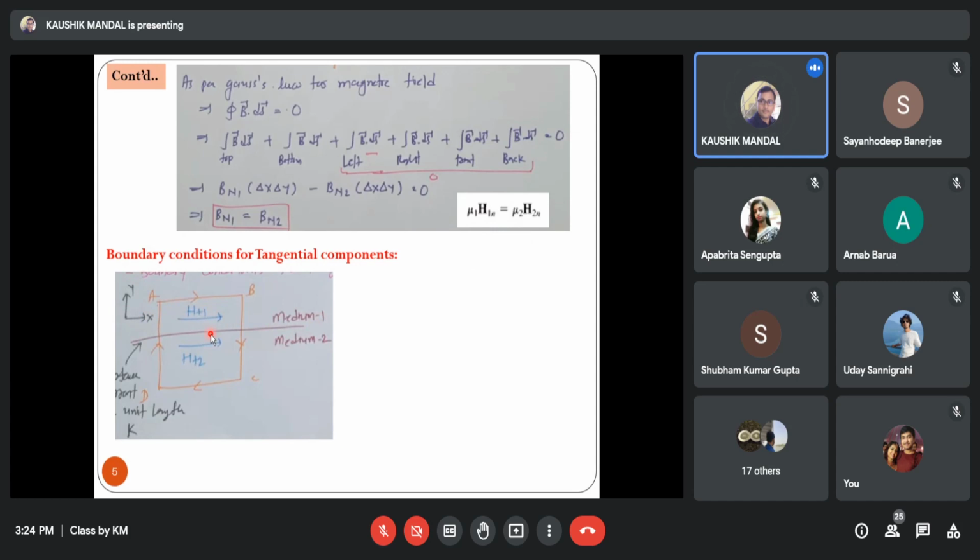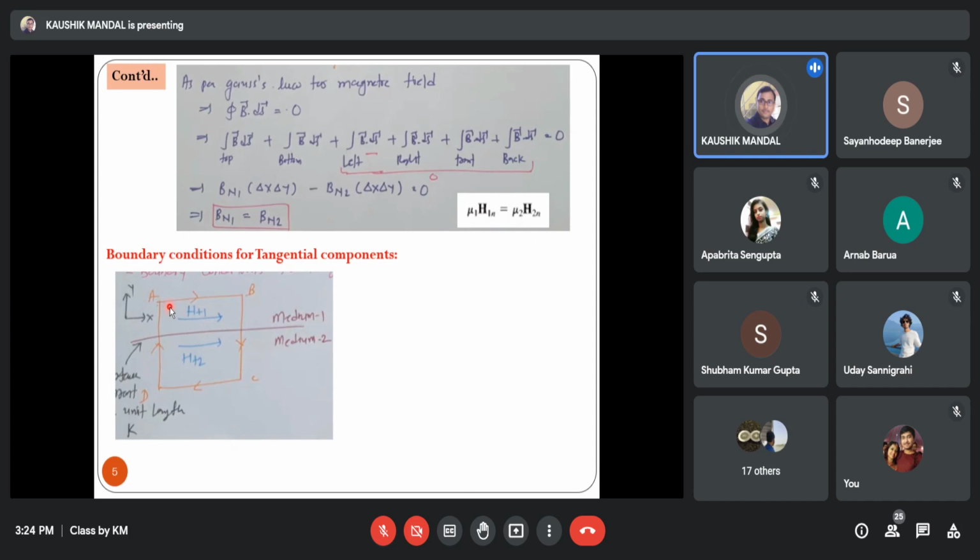So now we have to consider a closed loop, formed by this square A, B, C, D. This closed loop we have to consider. So which particular law do we have to apply now to find the tangential component?